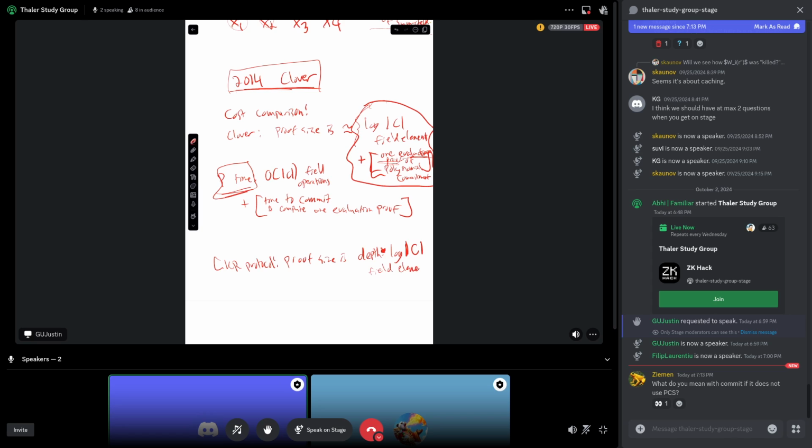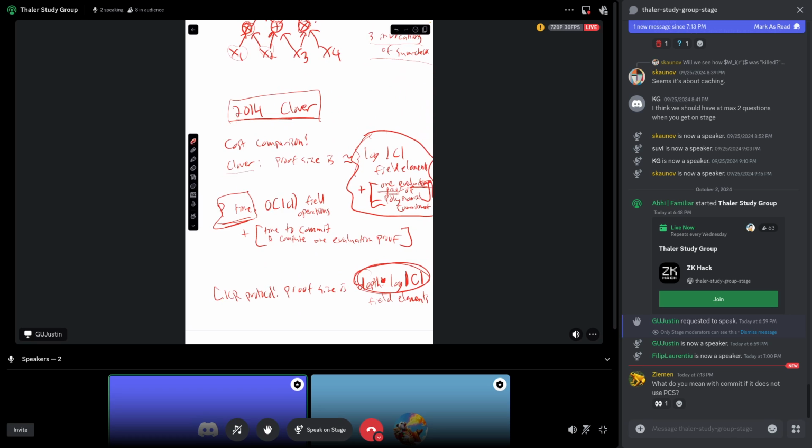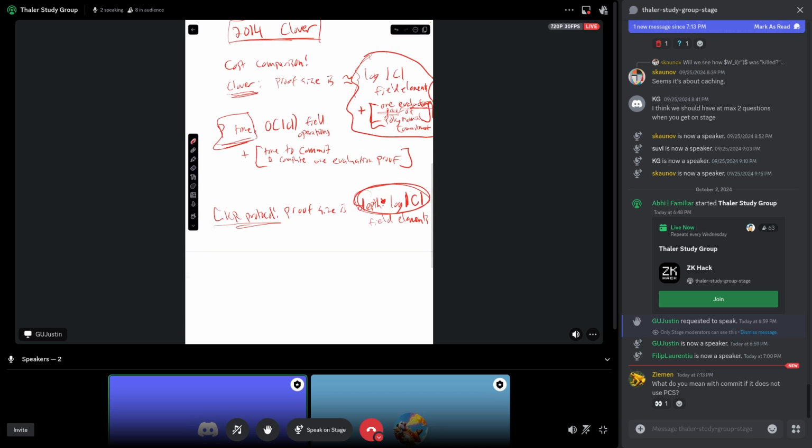And so the GKR proofs are bigger by a factor of depth. So this is one of the main benefits of Clover over GKR: smaller proofs. Clover has smaller proofs than the GKR protocol.